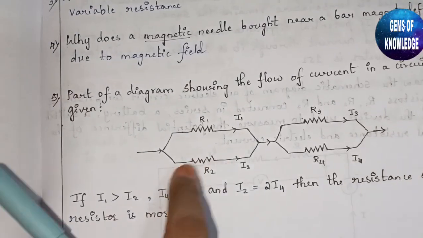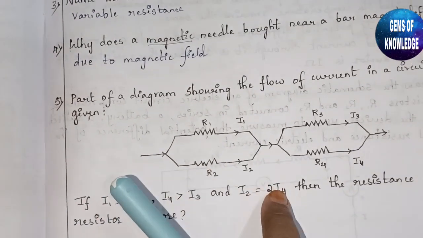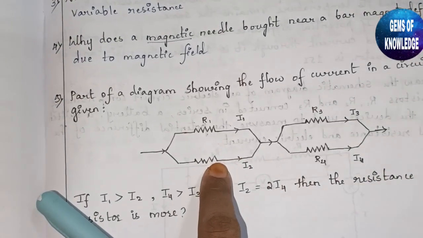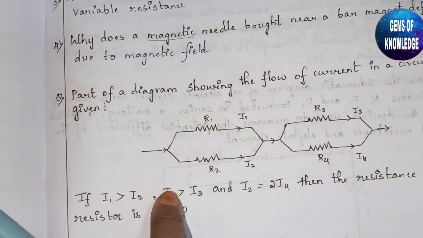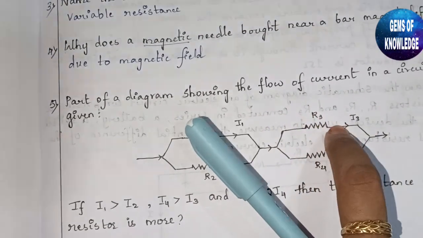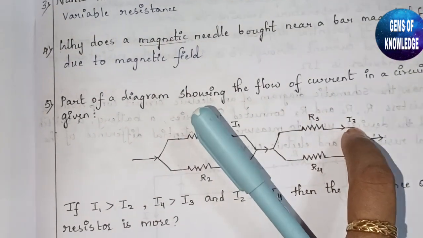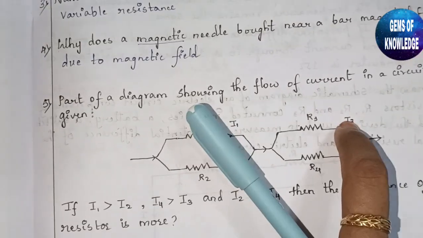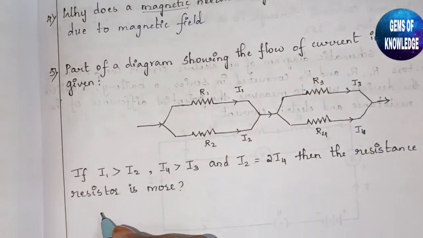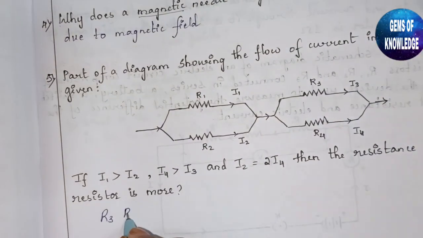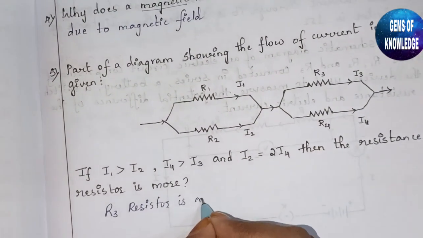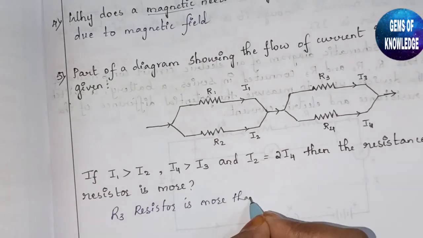Now what is I2? I2 is 2 times I4, which means I4 is less than I2. Again one more condition is there, I4 is greater than I3, which means I3 is very small. The current passing through here is very small. If the current passing is very small, then this resistance is bigger. So always remember, the R3 resistor is more than the others.